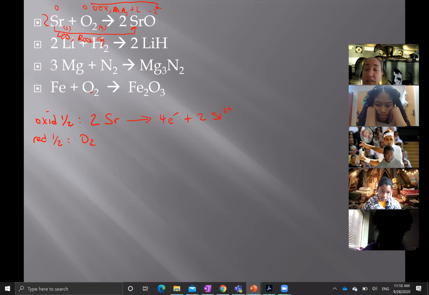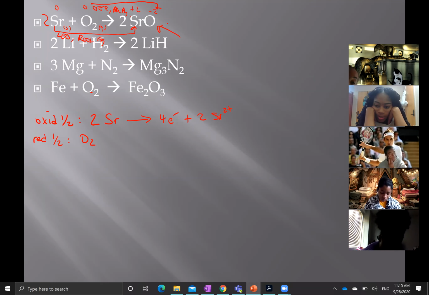It's not an ion on the left side, so you don't put O2 2 negative. And first of all, you wouldn't put O2 2 negative on the right side either, because O2 denotes that it's bonded, and it's not bonded on the right side to another O. But anyway, what's the next thing after O2?